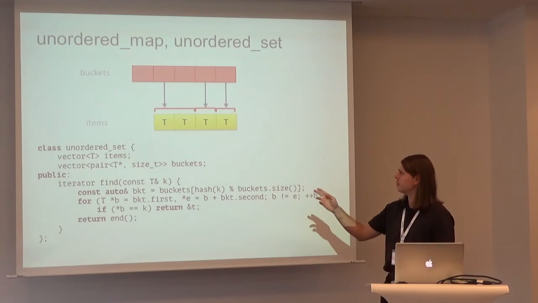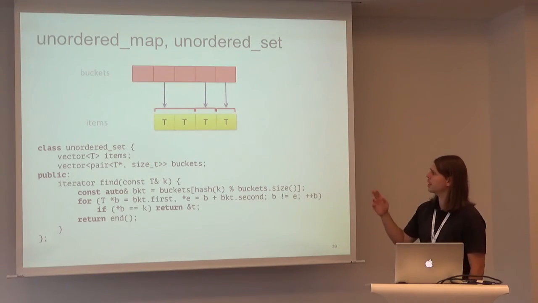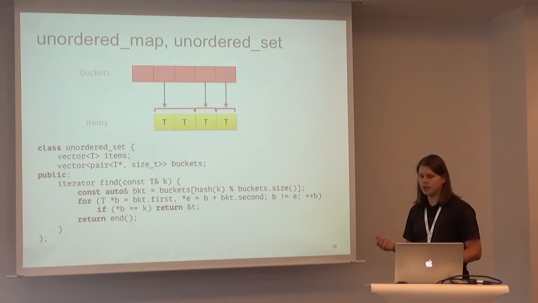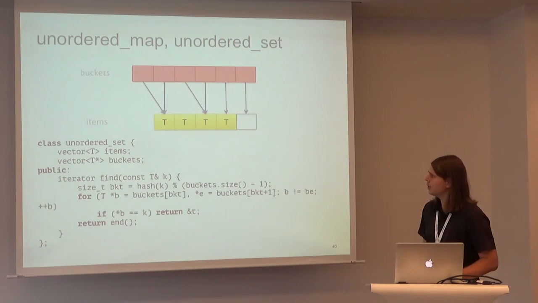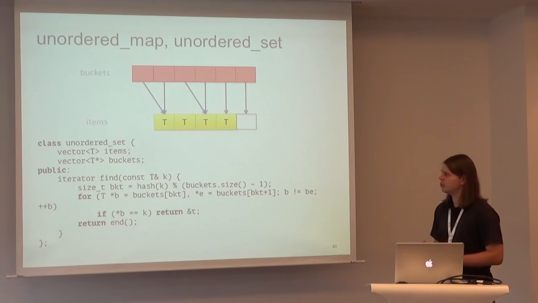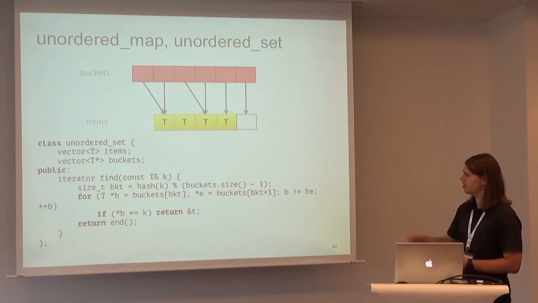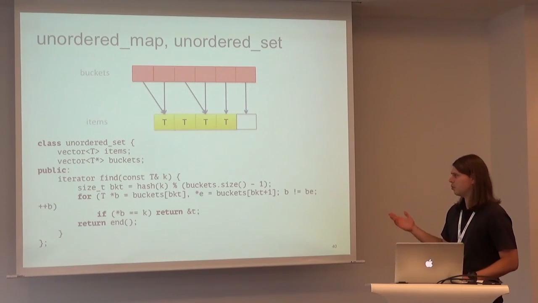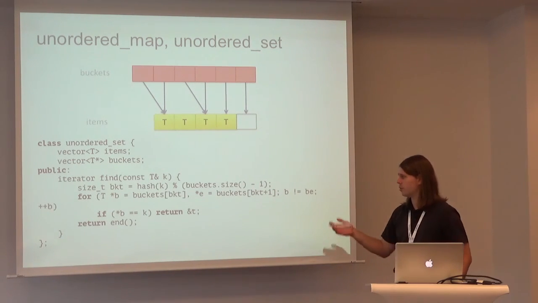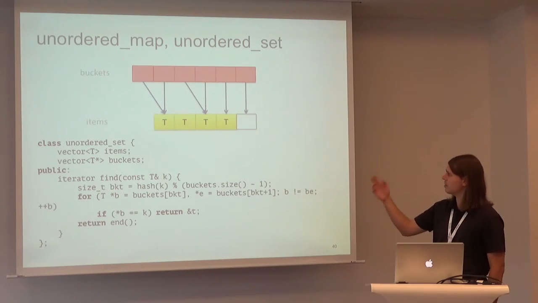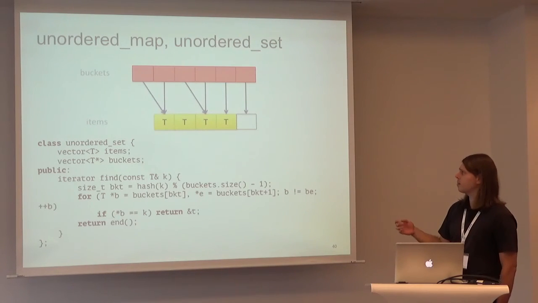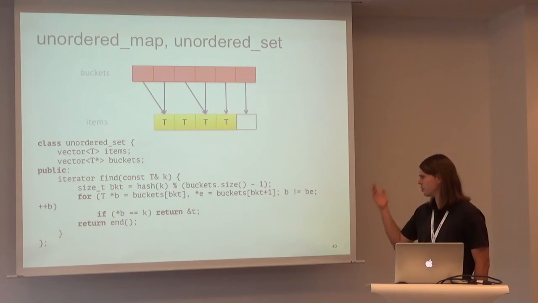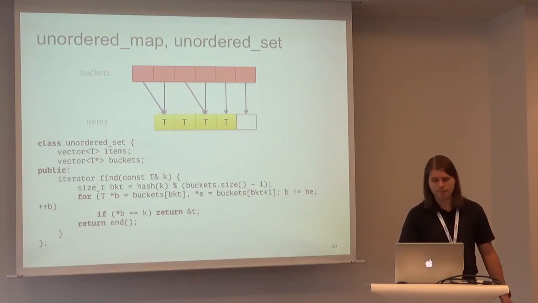So if we take the beginning of the bucket and shift it by the count of elements in the bucket, we end up with the beginning of the second bucket. So we don't have to store sizes. We just have to store the beginnings of the buckets in our second vector. And when we need to find an element, just as earlier, we compute the hash, we find out the bucket where it is, we use this bucket as a beginning, and the beginning of the following one as the end of our range, and we traverse the elements in the range, and we're happy.